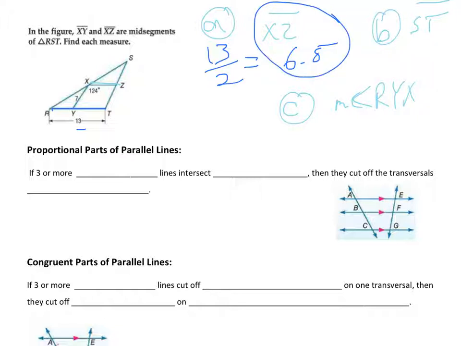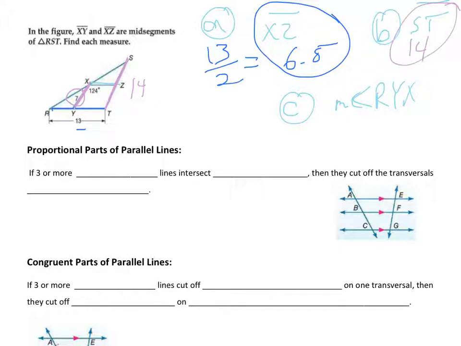Okay. B says to find ST. Well, look at that. XY is the midsegment, and it's 7. ST is that side. 7 is the midsegment, is half of ST, so ST has to be 14.